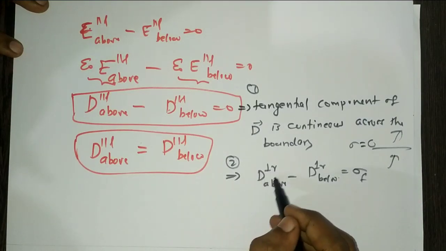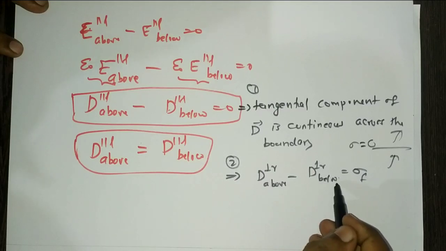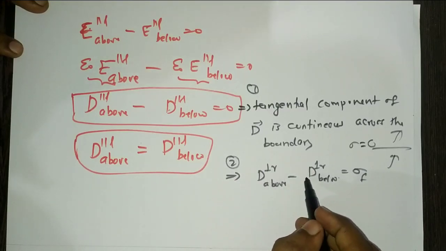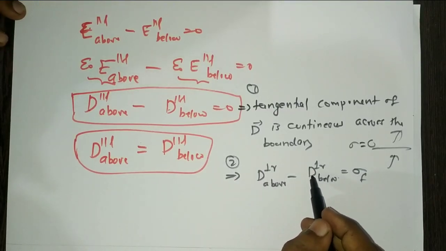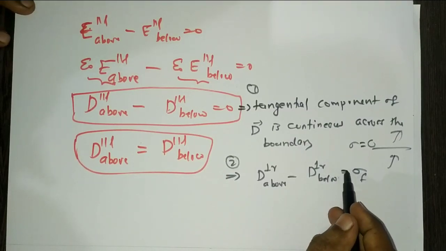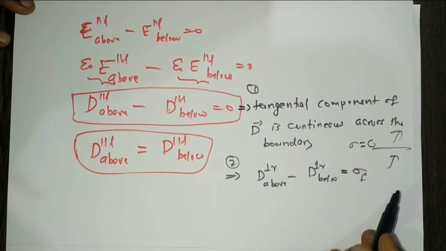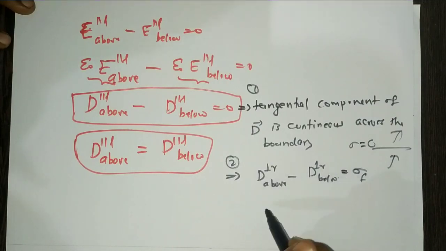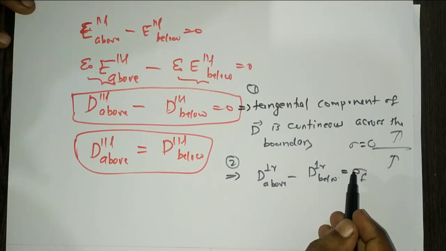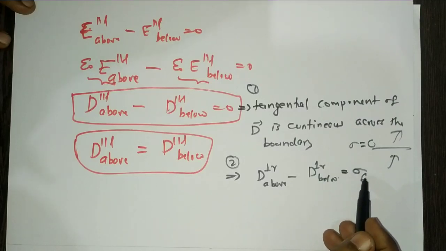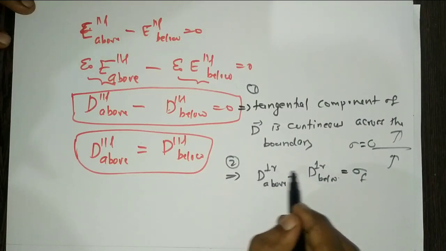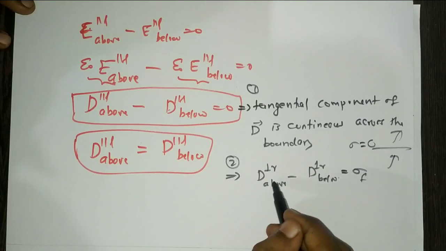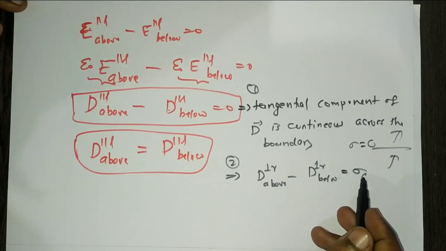Then in that case D perpendicular above will be equal to D perpendicular below, that is, the normal component of the electric displacement will be continuous if the boundary does not have any charge. Okay, that is the normal component. In the usual case, if the boundary has a significant charge density sigma f, then the perpendicular component of the electric displacement vector is discontinuous across the boundary.